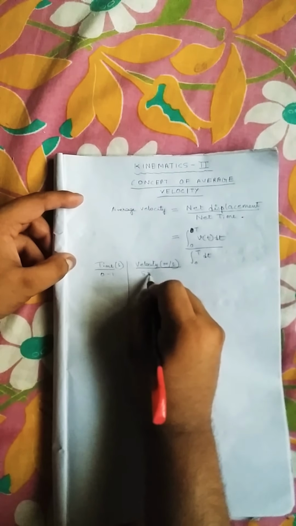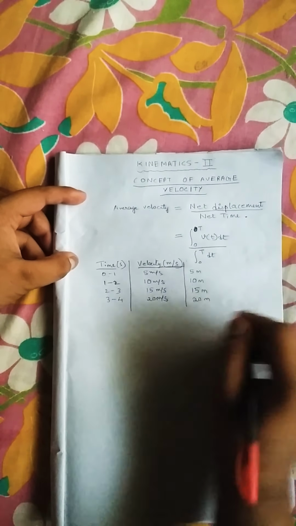This is 5 into 1, that is 5 meters. Again from 1 to 2 seconds, it is 10 into (2 minus 1), that is 10 meters. From 2 to 3 seconds, it is 15 into (3 minus 2), that is 15 meters. From 3 to 4 seconds, it is 20 into (4 minus 3), that is 20 meters.